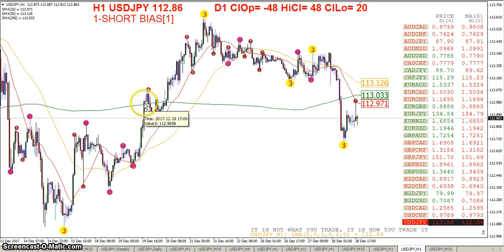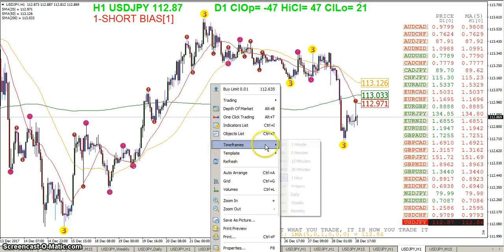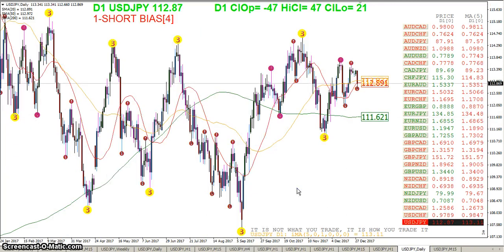So above the 200, they consider this an indication that the market's going up, and below it, it's going down. Okay, and just to be fair, usually they have it on the daily chart. So you can see here's the 200.